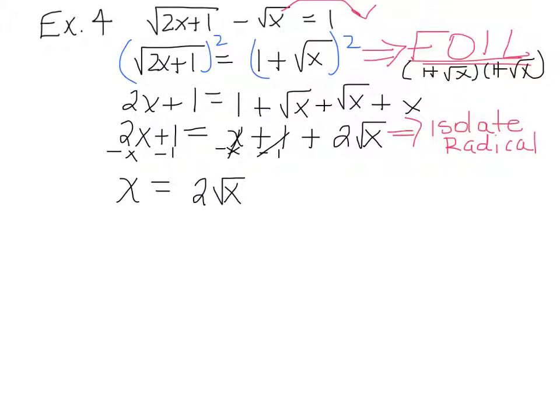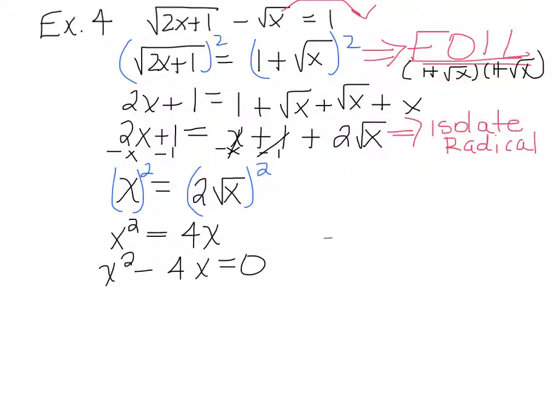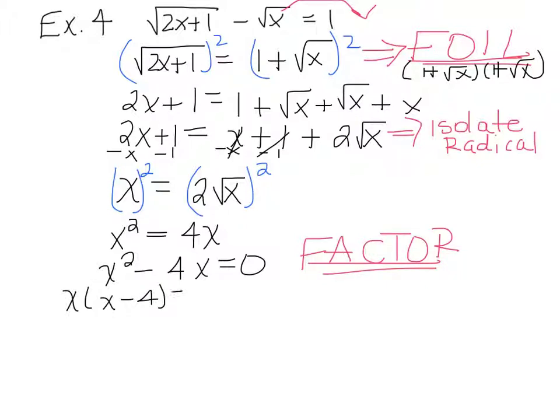And then, that way I can square both sides. You have to square both terms. And then you want to move everything over so it equals 0. And then you can factor. You set them equal to 0.